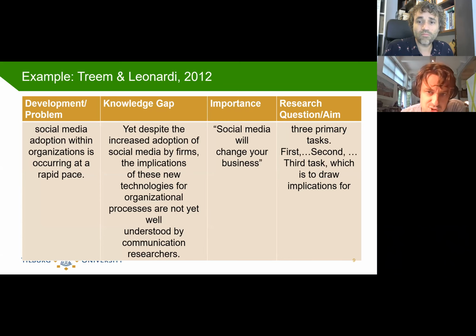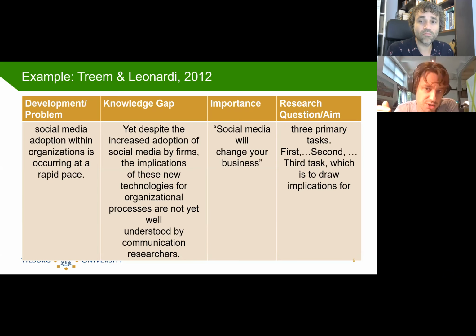And there you see, I just highlighted the sentences that do exactly those four things. So the problem is right in the first paragraph, and they say social media adoption within organizations is occurring at a rapid pace.